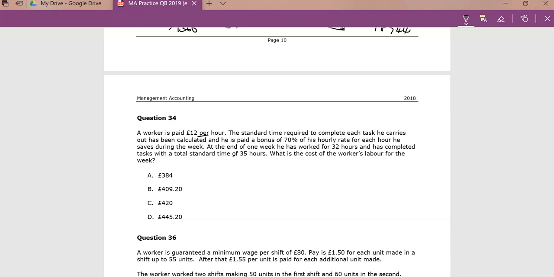So he's worked 32 hours. So we know that he's going to get 32 times 12. It's just working with the numbers here. And he basically did it in 3 hours less than he should have. So he's definitely going to get 70% of £12 on that saving, because that's what he saved, 3 hours. He's done it 3 hours early, in terms of efficiency.